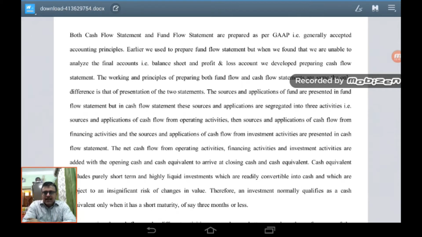The sources and applications of fund are presented in fund flow statement, but in cash flow statement these sources and applications are segregated into three activities: sources and applications of cash flow from operating activities, then from financing activities, and from investment activities.